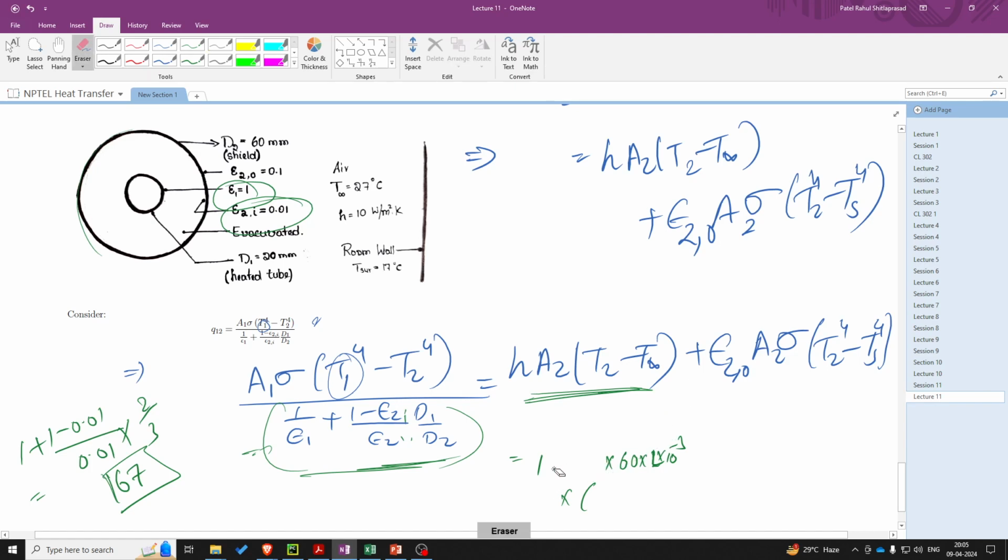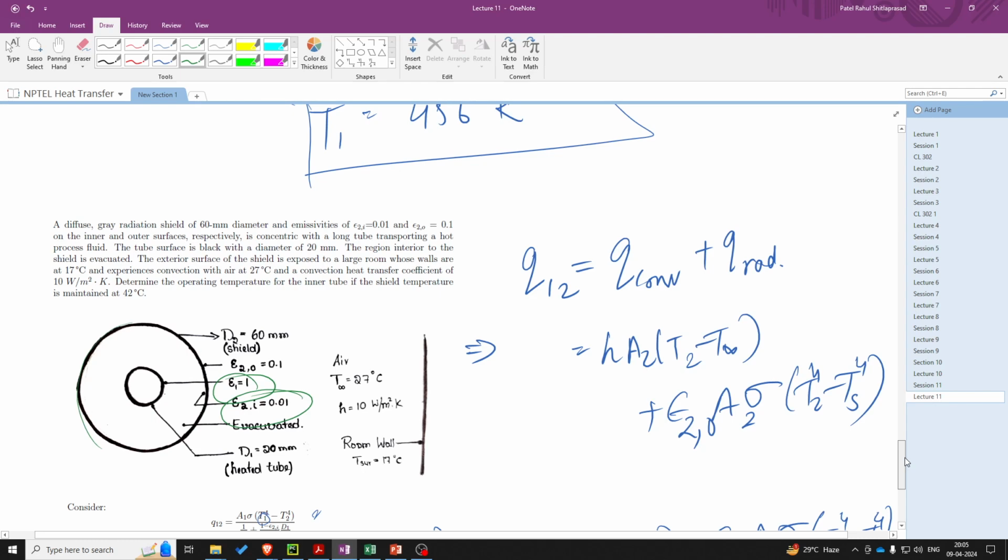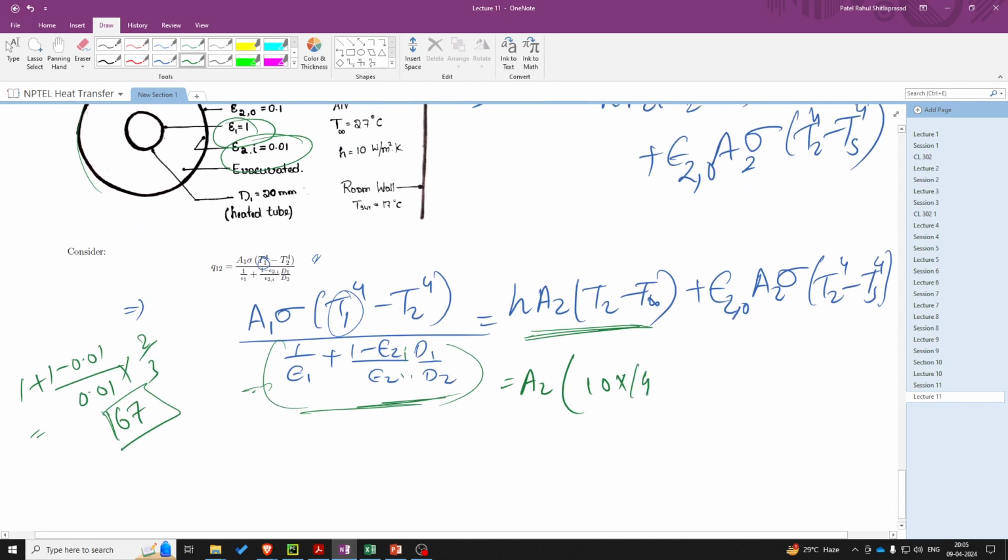So what you can do is just take this area common, and h will be 10 times (T2 minus T infinity). T2 I think we have been given as 42, which is minus 15.